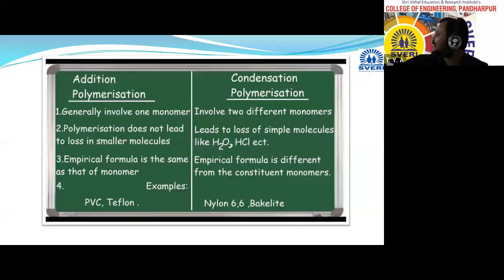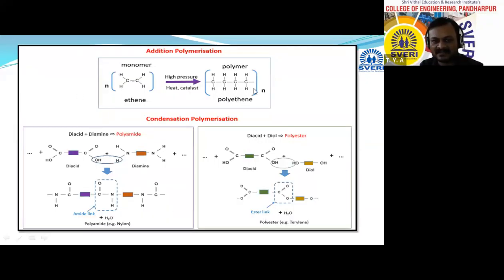It is just repeated. In nylon, you can see that here just n is added. This CH2 is there only.